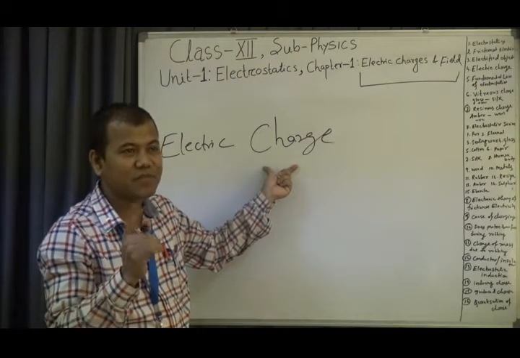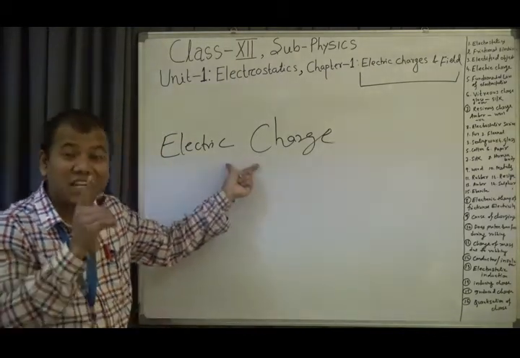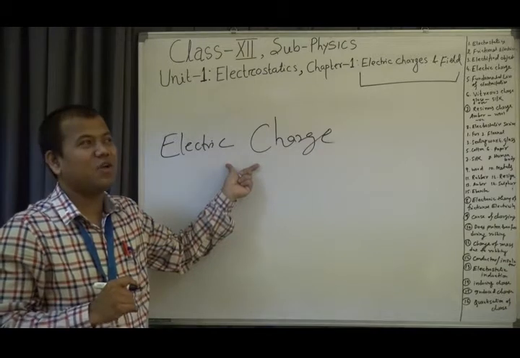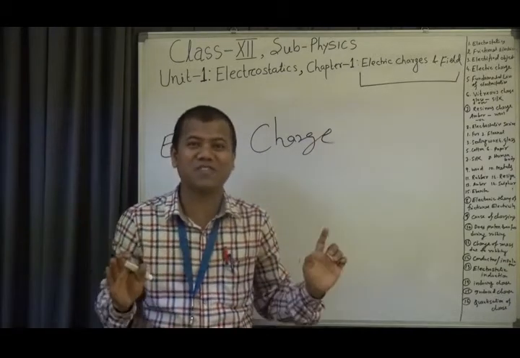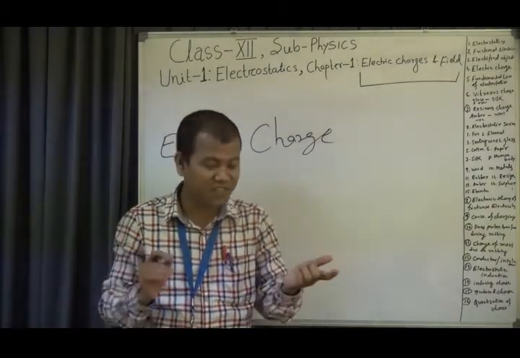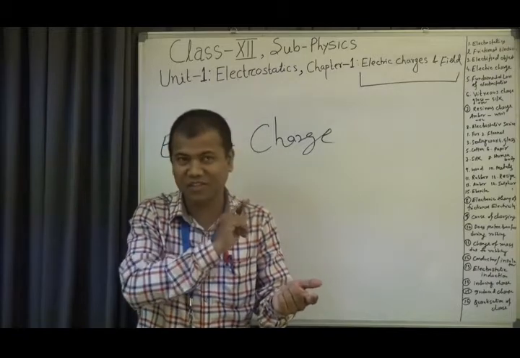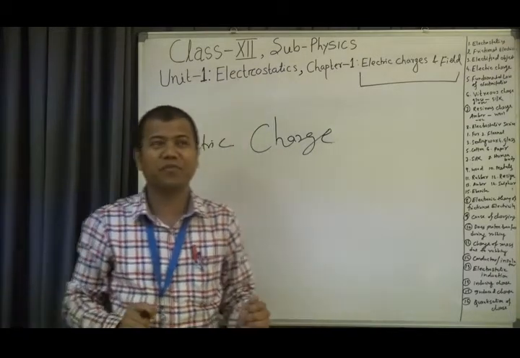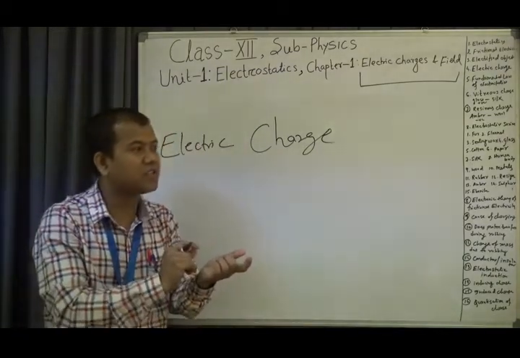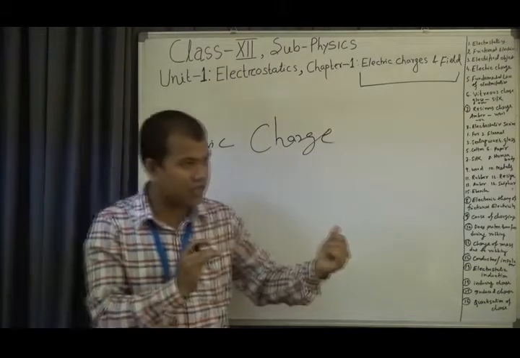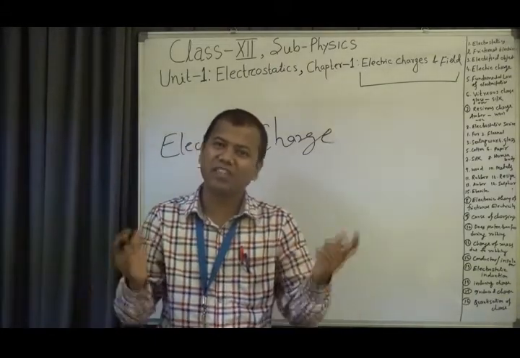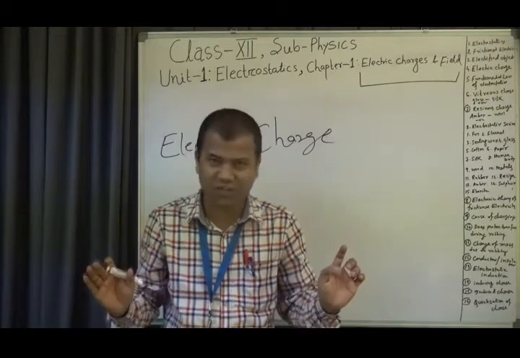So what is that concept? Electric charge is an intrinsic property of mass. What I said? It is an intrinsic property of mass, due to which that mass acquires the property of attraction or repulsion. That is simply charge or electric charge.